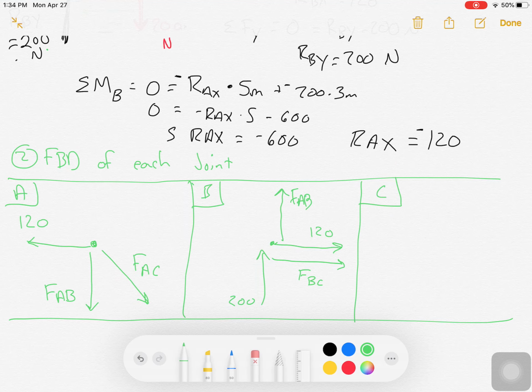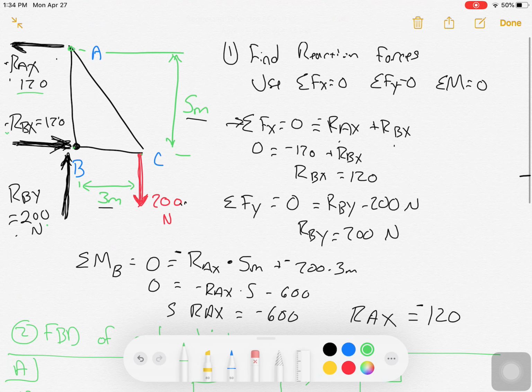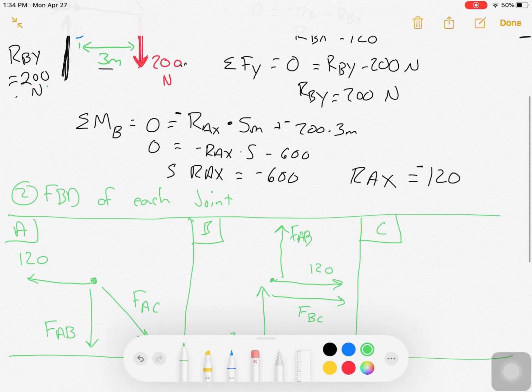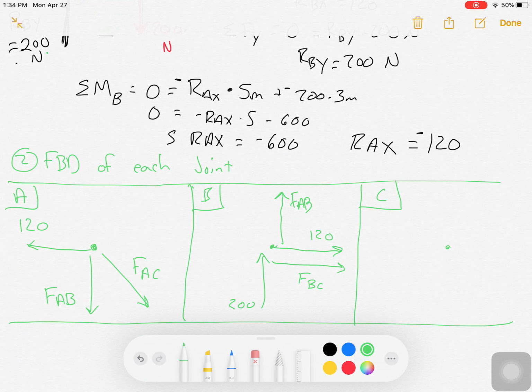All right, now we're going to look at point C. Point C is connected to A and B, and it has 200 down. It connects to B, so we have force BC, and we have force AC.